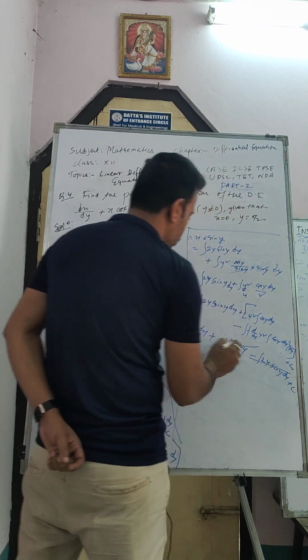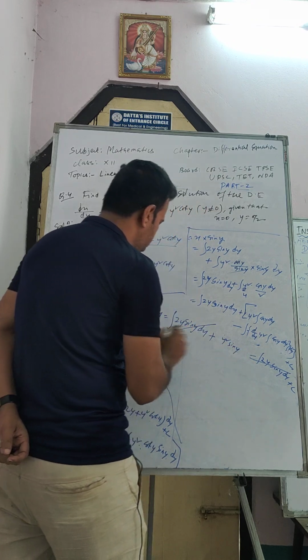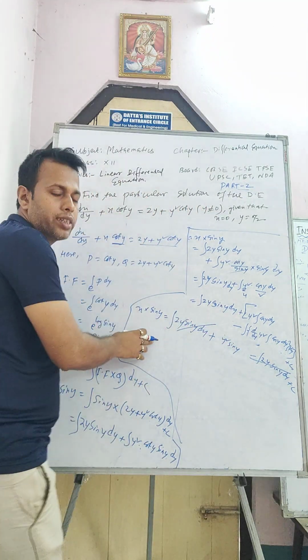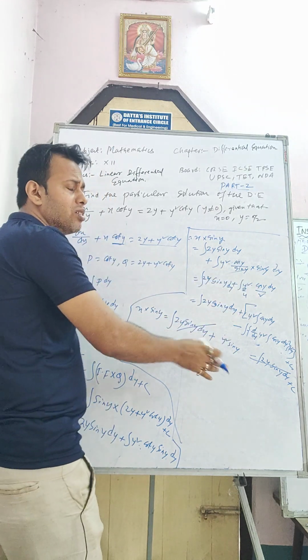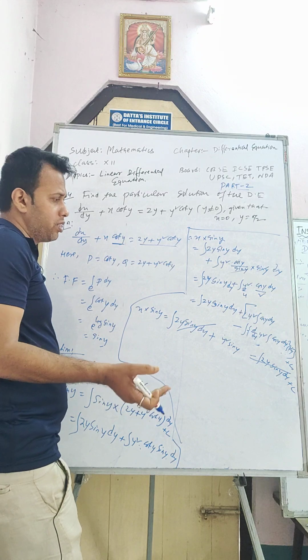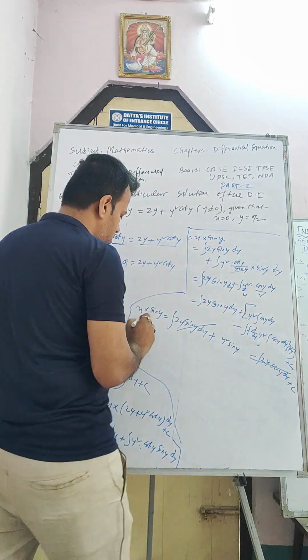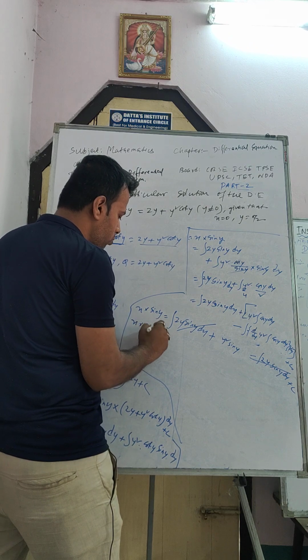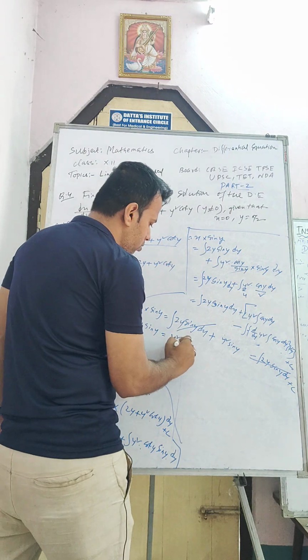Sorry, this is y square sin y, and this term will cancel out. Similarly, in this type of case, when you are doing u into v, one term will be cancelled out automatically. No need to do both terms in by parts. Okay, so what remains is y square sin y.